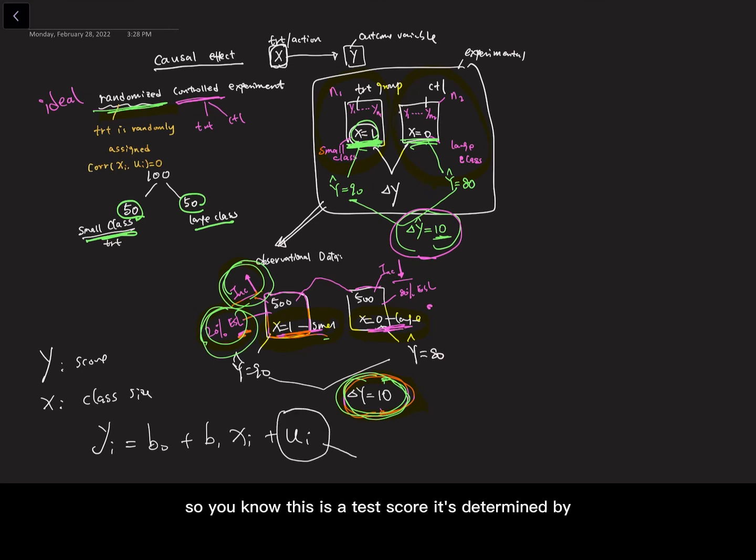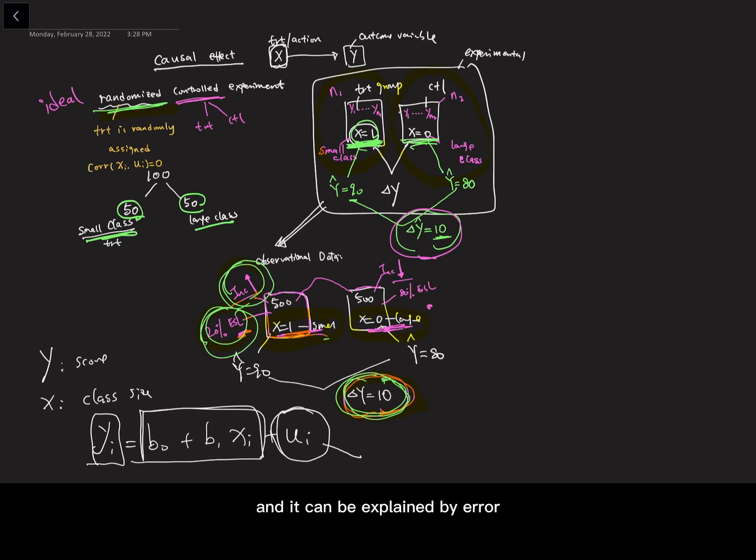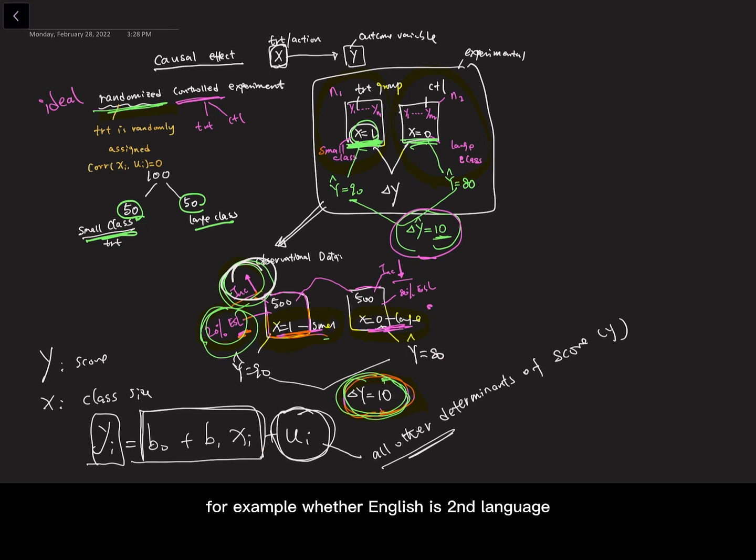So this is a test score. It can be explained by the model, and it can be explained by error. Error includes all other determinants of test score, which is Y. For example, family income, whether English is a second language, how many hours you study, or parental involvement.